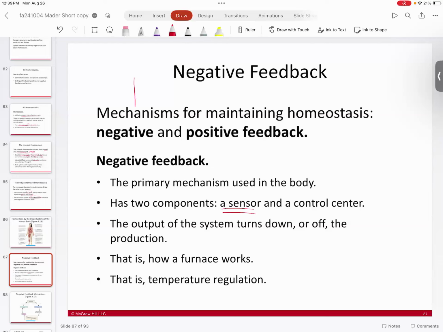A good example of a homeostatic norm would be, as your, let's say, blood pressure increases, there are homeostatic mechanisms that turn on to turn that curve back down. And when it troughs, there are mechanisms that turn on to turn that back up and so forth. Basically, homeostatically, you're oscillating around what is called a homeostatic norm.